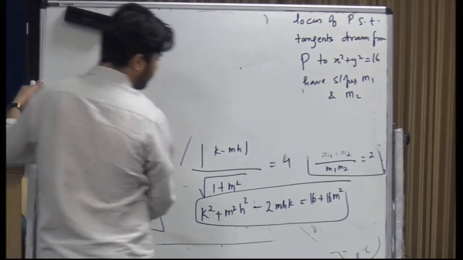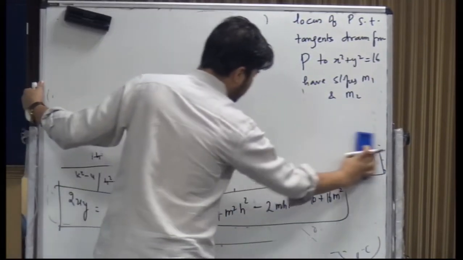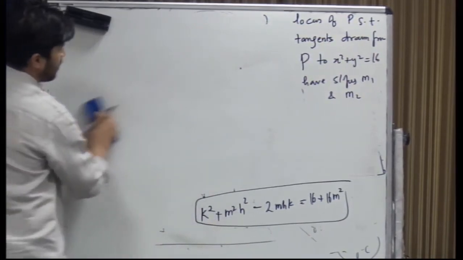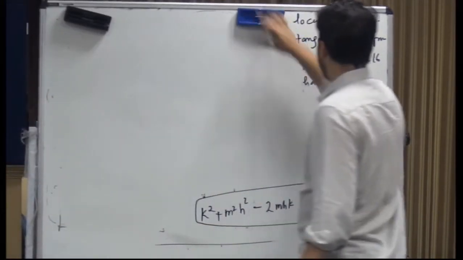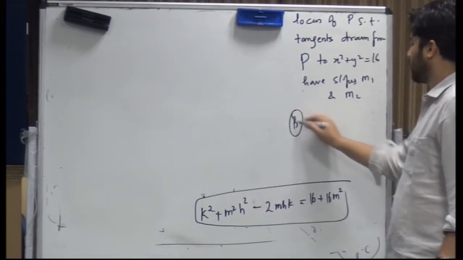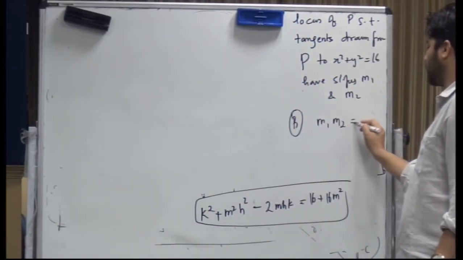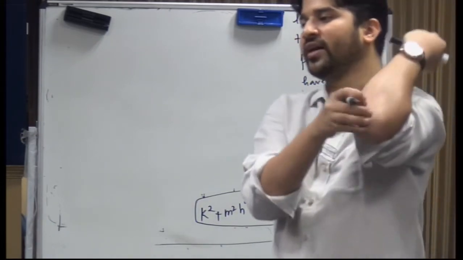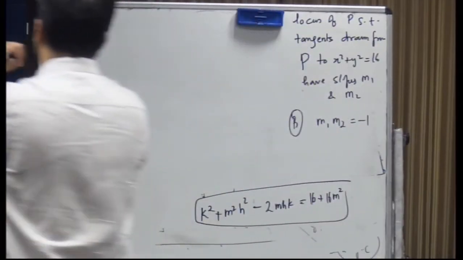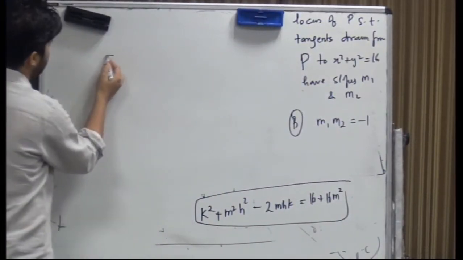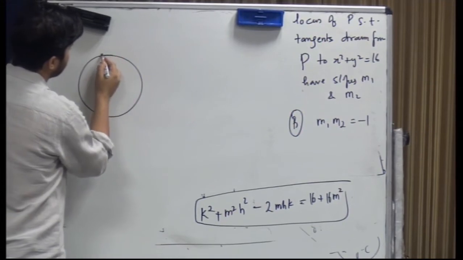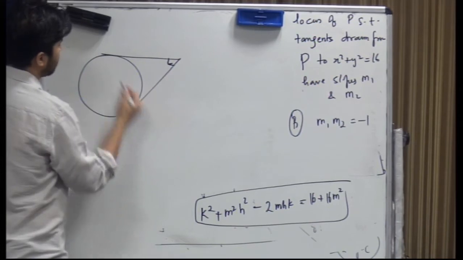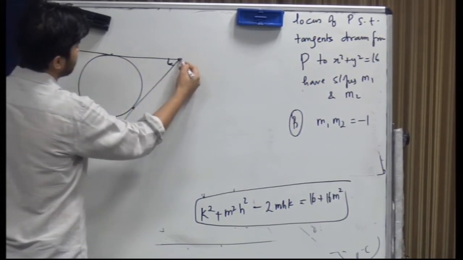If you focus, I am not changing anything, I am just writing that m1 into m2 is equal to, what does it mean? That you are drawing two tangents which are perpendicular. If you see the diagram, it's going to be something like 90 degrees, right? This is what he means.